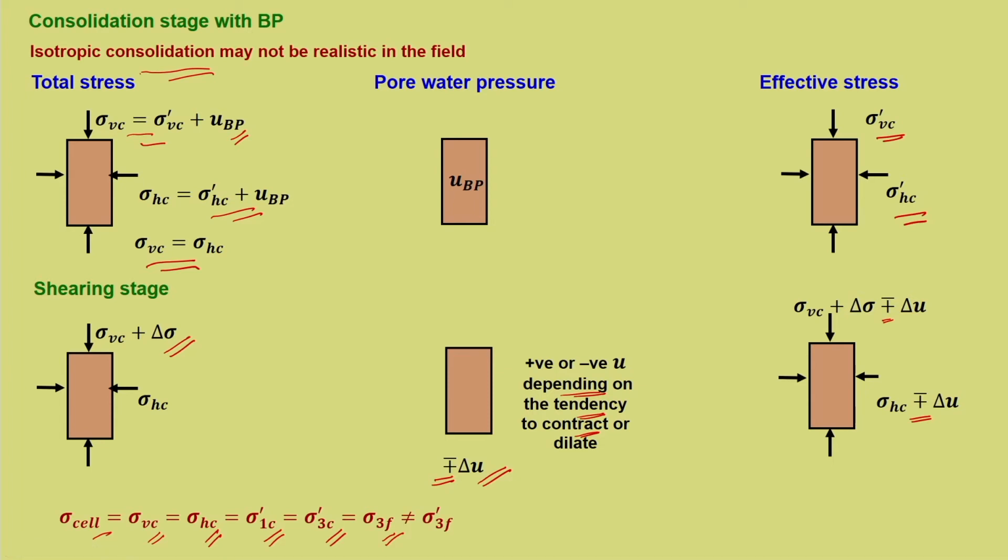But since the shearing stage is undrained, there will be pore water pressure that gets generated. So, definitely the final effective cell pressure is going to be different, that is sigma dash 3f, which is sigma 3f plus or minus delta u. So, that is why this is not the same, and the final deviatoric stress at failure will be sigma 1 minus sigma 3 of UF.